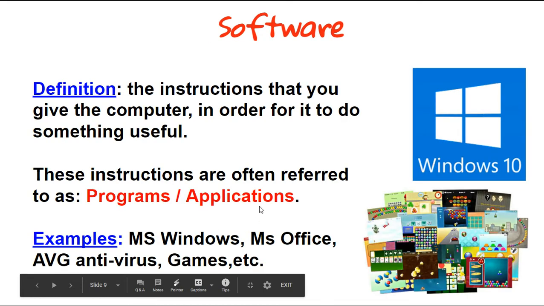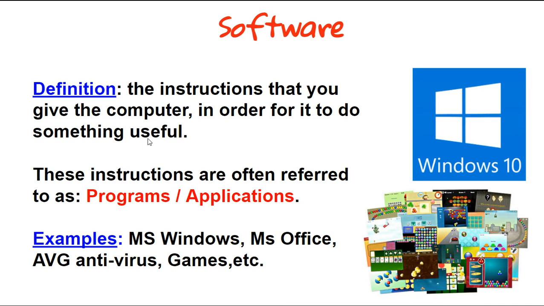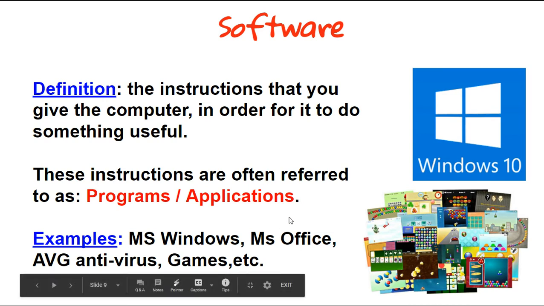Software: the instructions that you give the computer in order for it to do something useful. These instructions are often referred to as programs or applications. So if you think about anything that you would download from the Play Store on an Android device or the App Store on an iOS device: games, antivirus software, Windows, Office, TikTok, Instagram, whatever app you're downloading, that's your software.